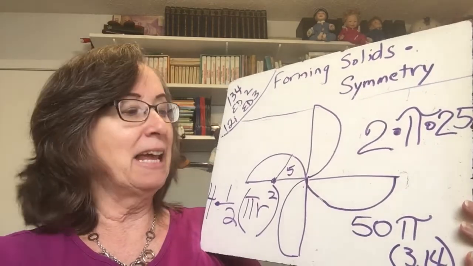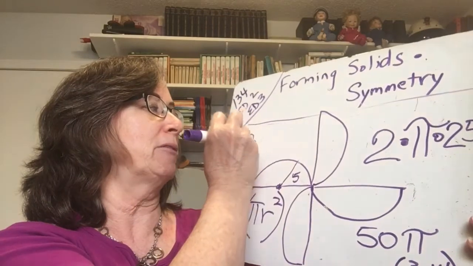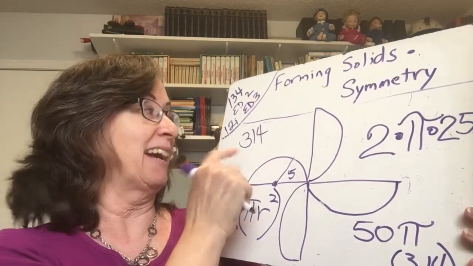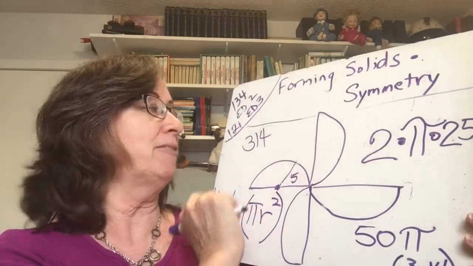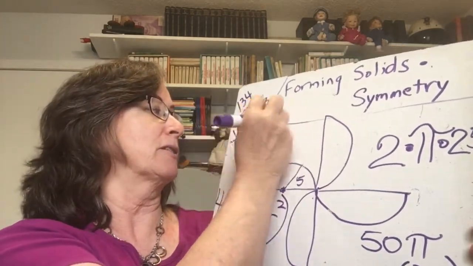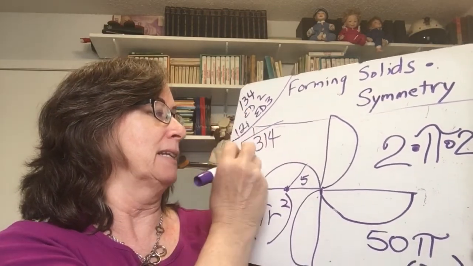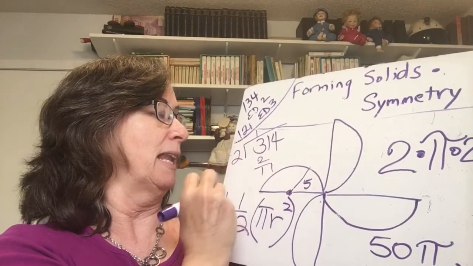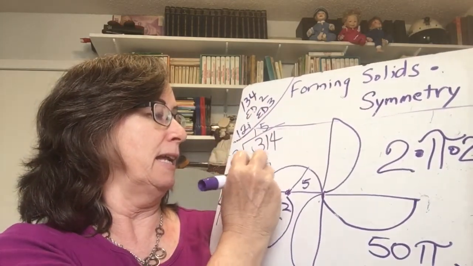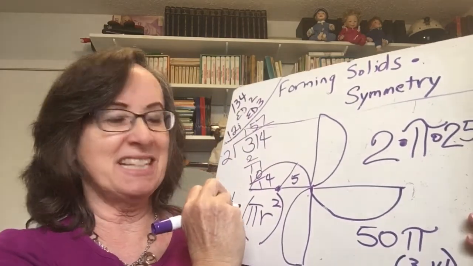Can I do that? 100 times 3.14 is 314, isn't it? And it's very easy to cut 314 in half. So we're going to do half. 2 into 3 is 1, remainder 1, 11, 5, 157.